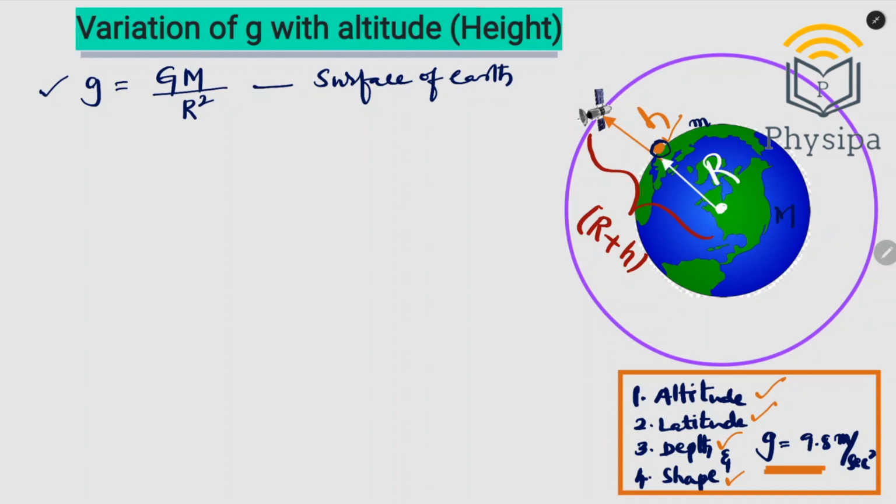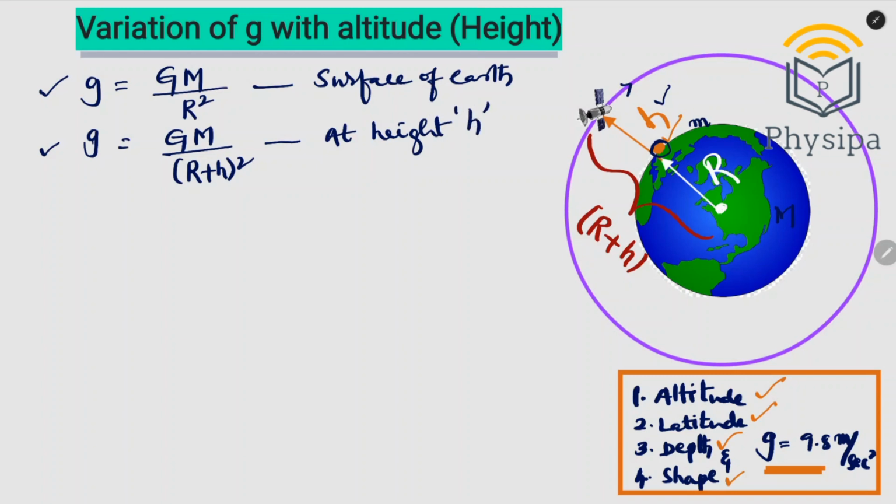Now let us consider another object, which is nothing but a satellite orbiting around the earth at a height of capital H. Then we can write the acceleration due to gravity g for the satellite as capital G capital M divided by r plus h whole square at height h.